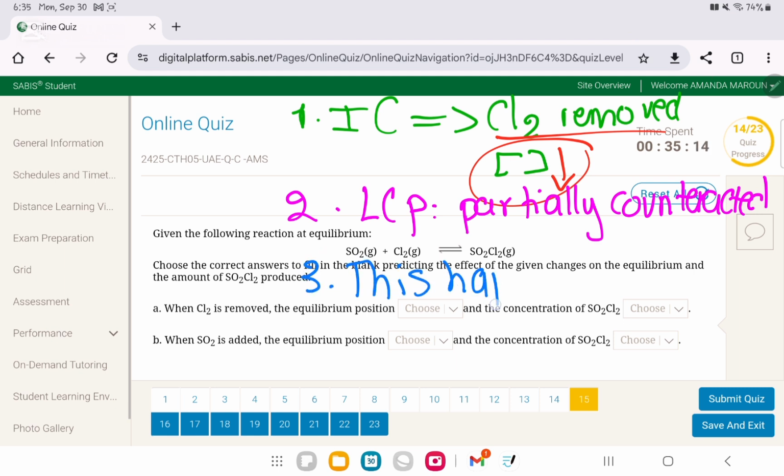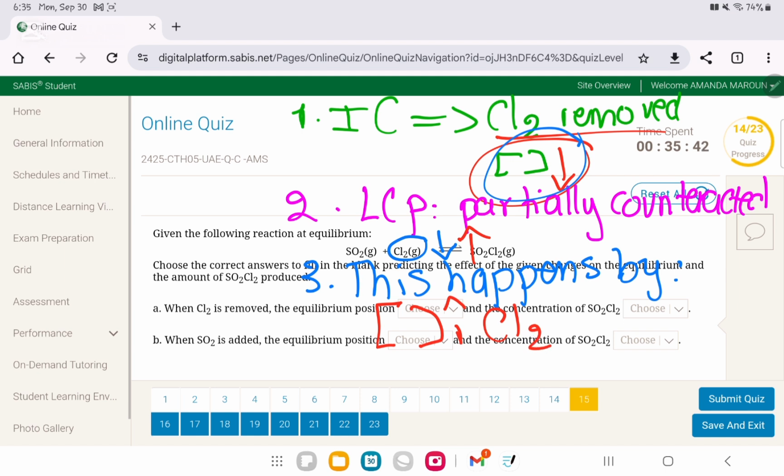This happens by, if the concentration decreased, let's write it. We decreased the concentration of this one. So to counteract it, it's stubborn. This Cl2 said, I want to do the opposite of what you're telling me to do. So the concentration instead will increase. So this happens by increasing the concentration of Cl2. Now we increase the concentration of Cl2. What happens?